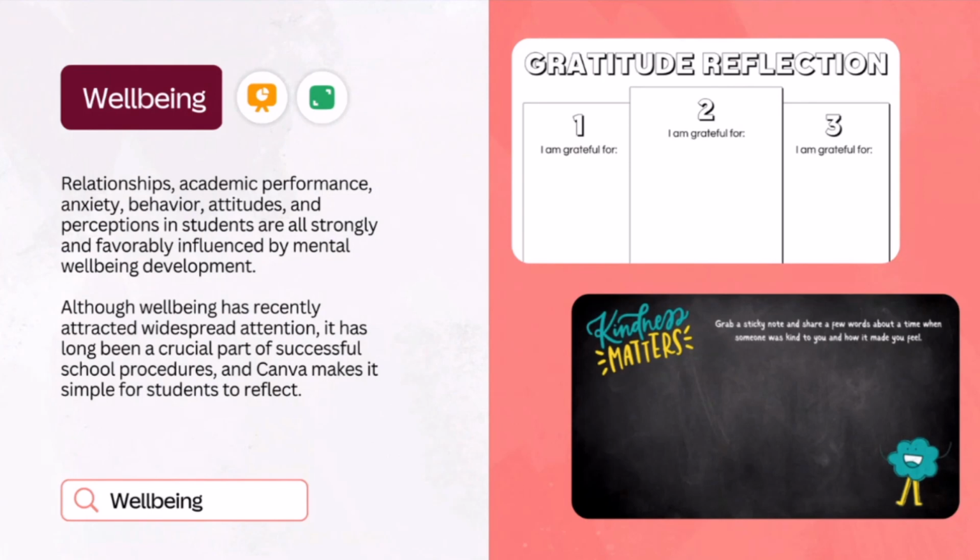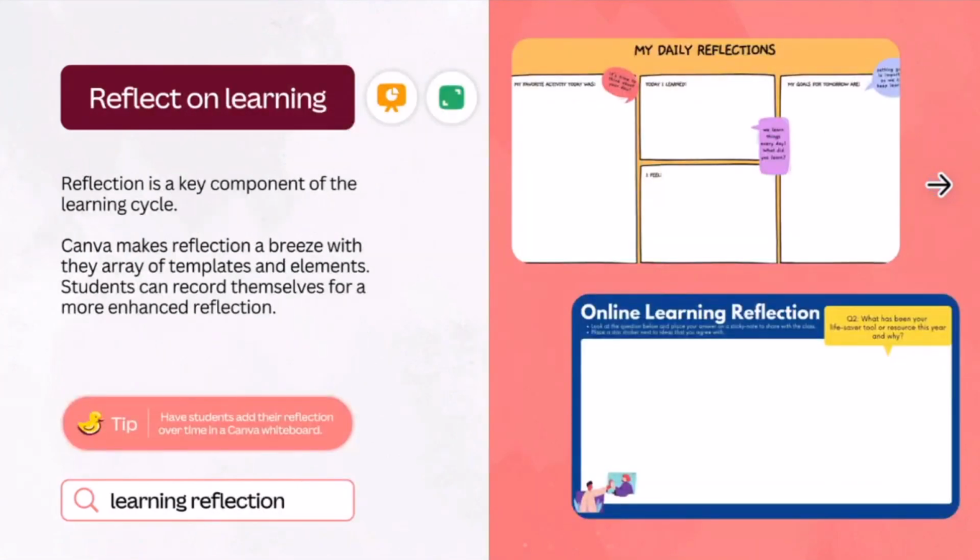And so lots of different ways that we can focus on well-being and social emotional learning in Canva. And again, search well-being in the Canva library and you're going to find lots of ideas and ways that you can bring that into your classroom.